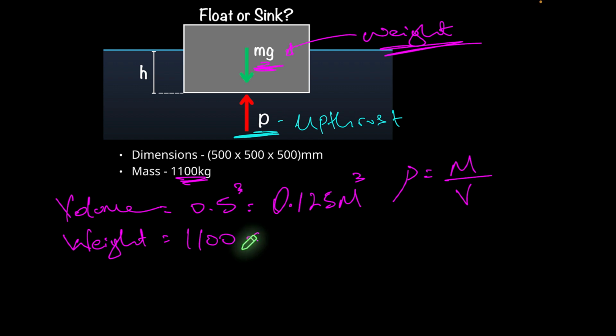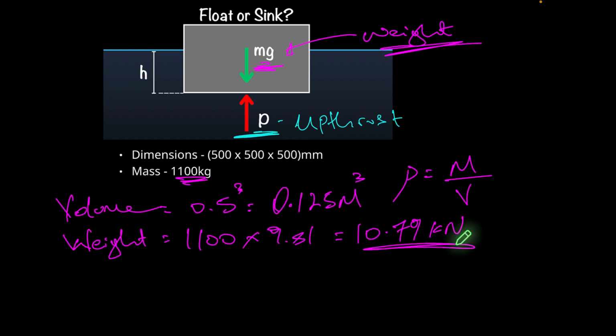And we'll multiply that now by gravity, which is, we'll use 9.81. So what we have then for the weight is 10.79. And I'm just going to write this as kilonewtons to save space. So it's 10.79 times 10 to the power of 3, or we can say 10.79 kilonewtons.